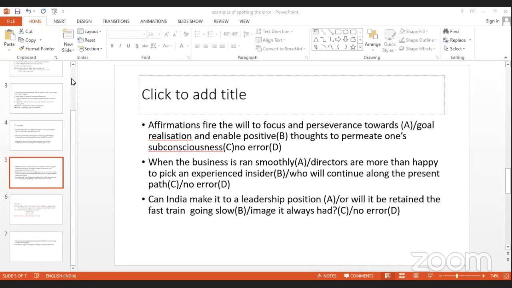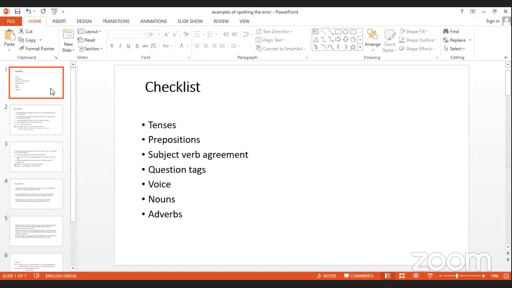I hope you remember the first slide checklist. When you get a sentence, what is the first thing you will do? You have to understand that the sentences will have tenses, preposition, subject verb agreement, question tag, voice, nouns, and adverbs. Now, one thing, all these won't be in one sentence.